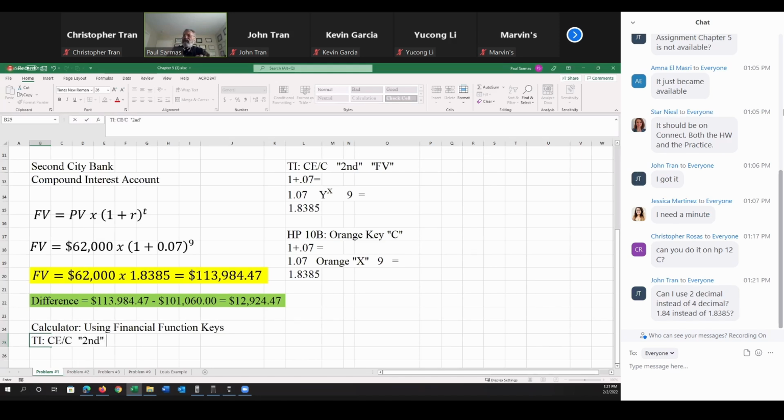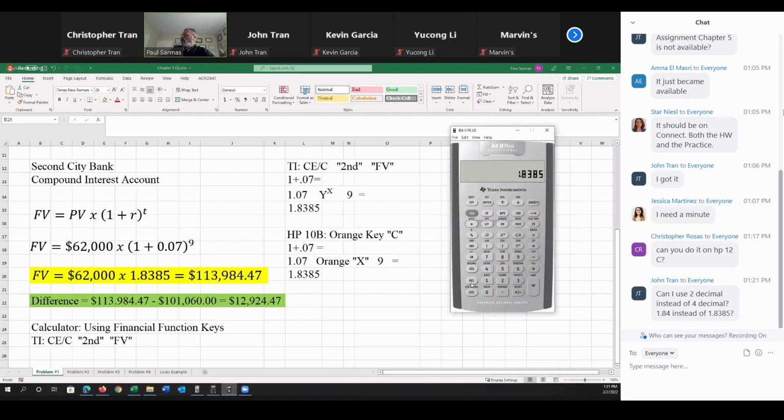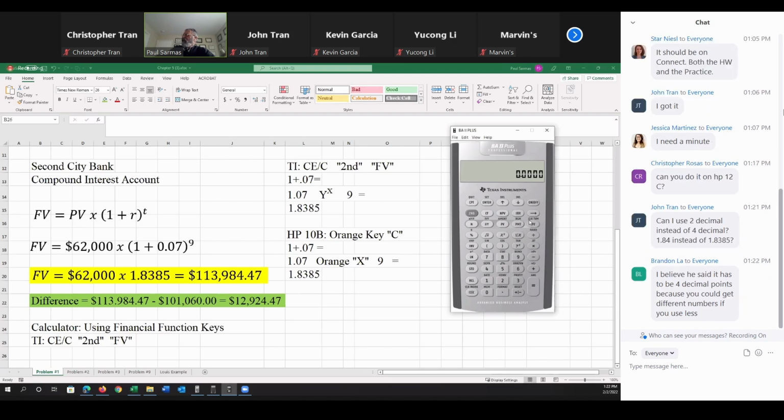If you don't clear your calculator every time you do your calculation, the previous calculations stay in the memory and affect your answer, or may affect your answer. So that's how you clear the time value. Notice this, if I didn't mention it last time: when you do CEC, second clear, notice on top of FV, second FV, it says CLR TVM.